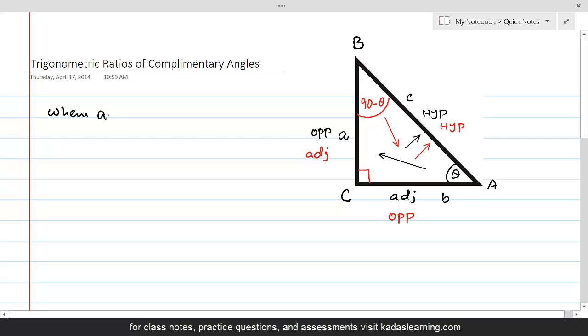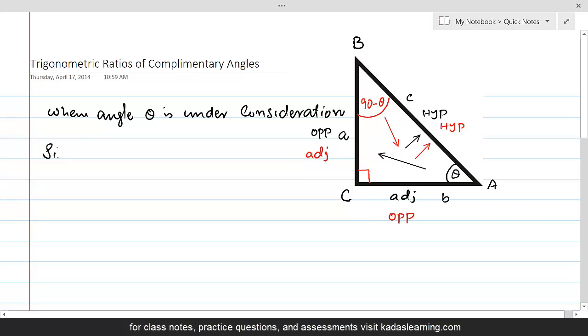First, when angle theta is under consideration, then what would be sine theta?